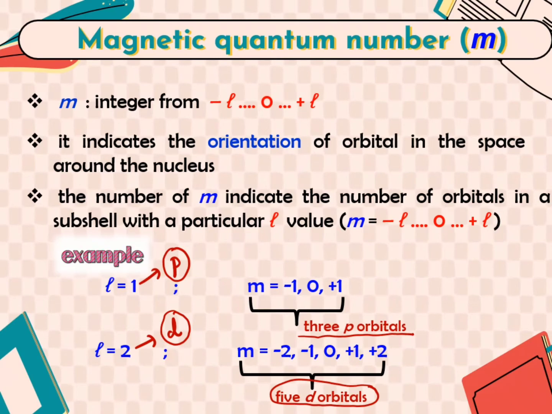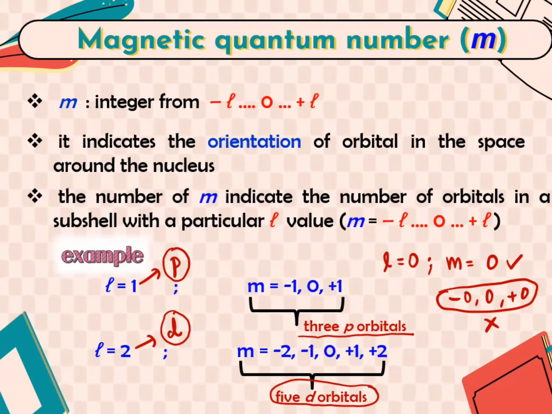Okay. So boleh nampak. Okay, katakanlah l equal to 0. Apa kita punya m? m kita should be m equal to 0 lah. Takkanlah buat negative 0, 0, positive 0. Boleh ke buat macam ni? Tak boleh, sama je kelas. So kita ambil sebagai m equal to 0.